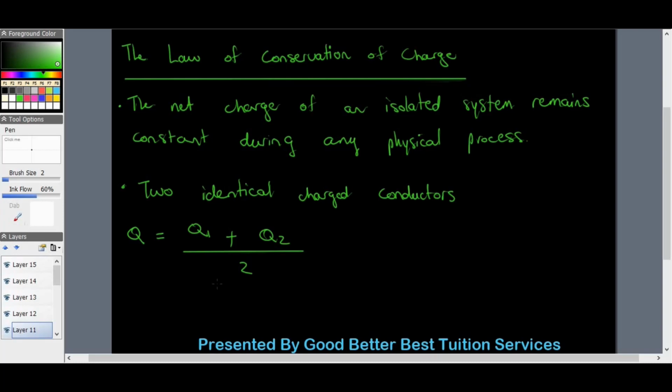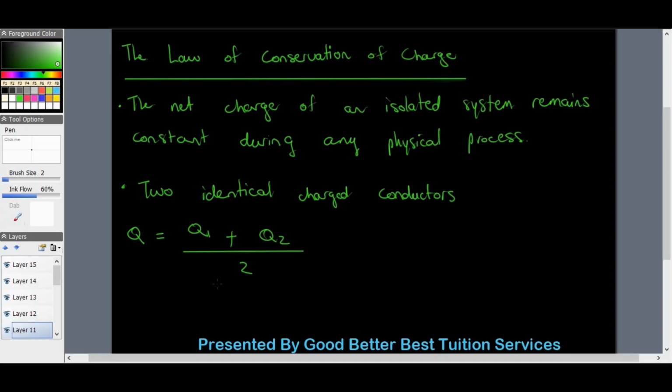The divided by 2 shows the separation. They'll have the same numerical value of charge on both. They will share the total available charge equally, in other words.